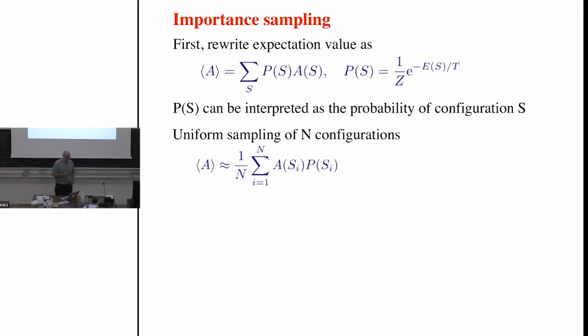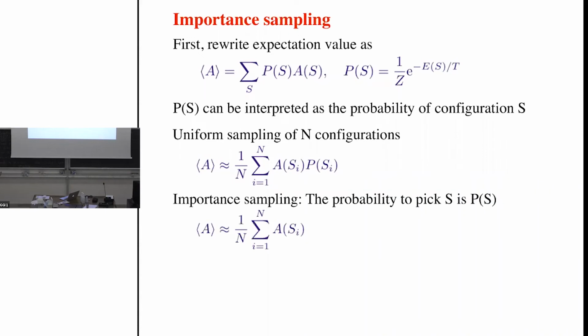So if we do sample configurations at random, which I strongly advised against a moment ago, but let's say that we do that, then your expectation value of A would just be the probability weighted function. So this would be some function defined on the configurations, like magnetization squared, for example, divided by the number of the configurations. But then I told you, well, that's a bad idea.